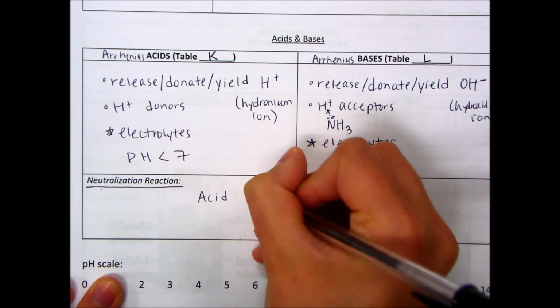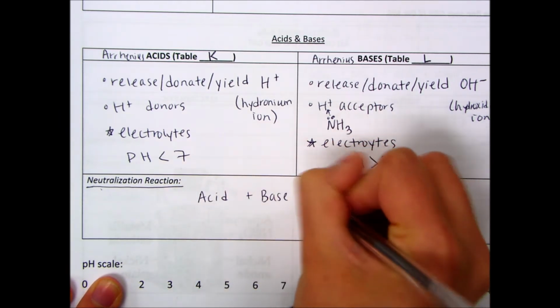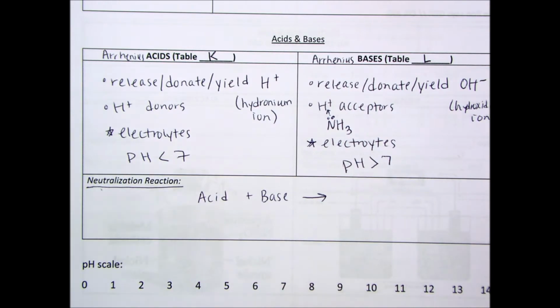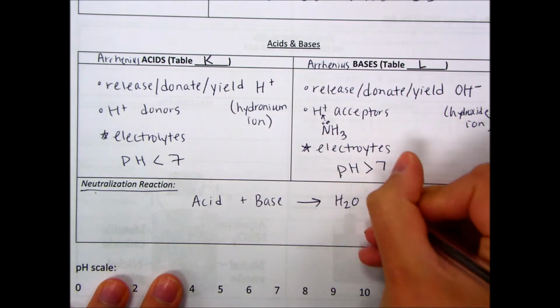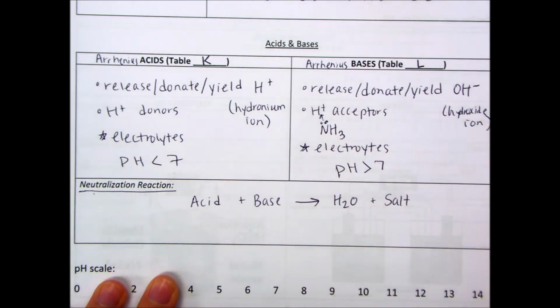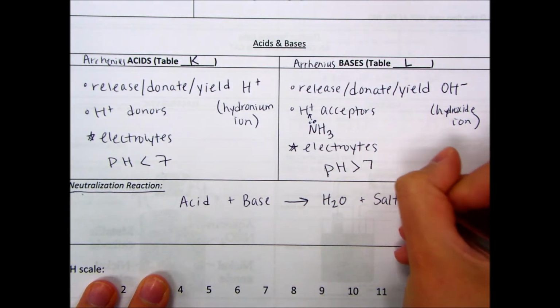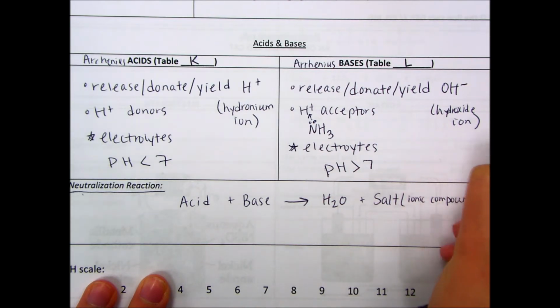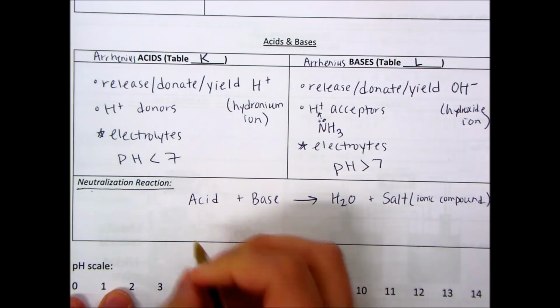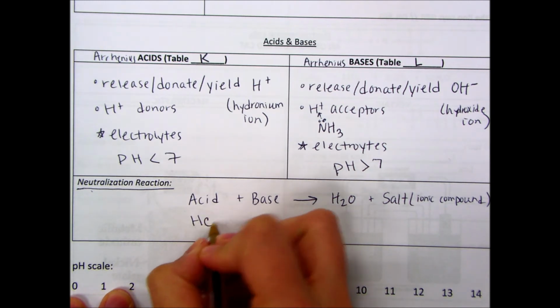So here's the general reaction. If you react an acid and a base, you're going to get two products every time. One of those products is always water, and the other product is a salt. All right, and a salt is just an ionic compound. So we'll do an example. Here's my acid, HCl.